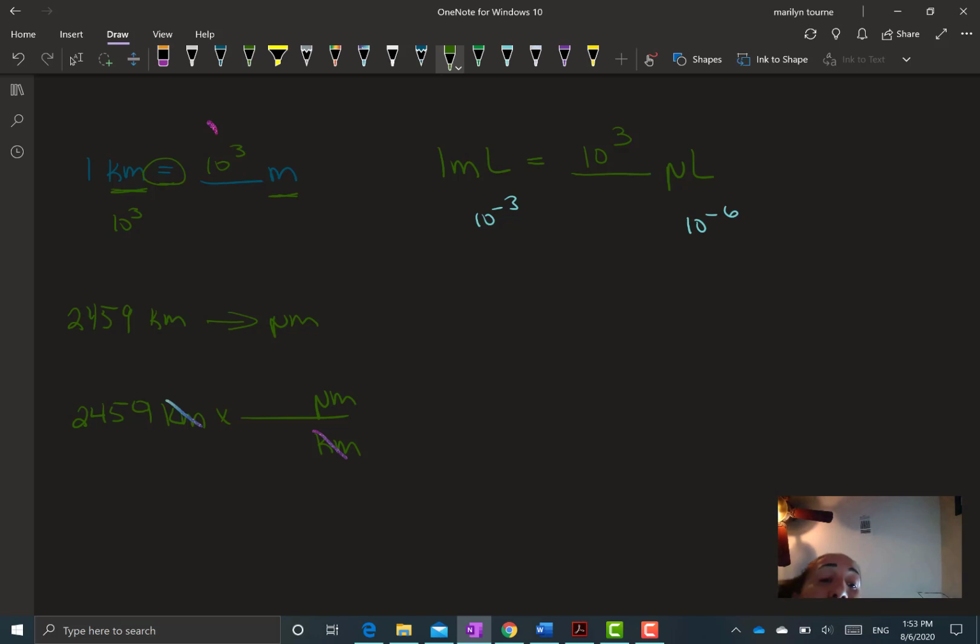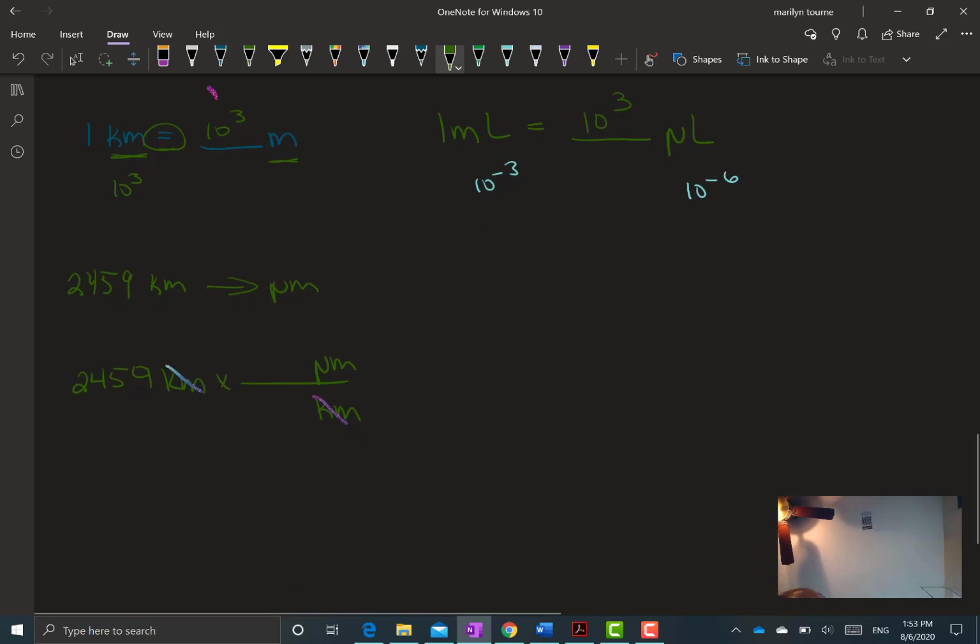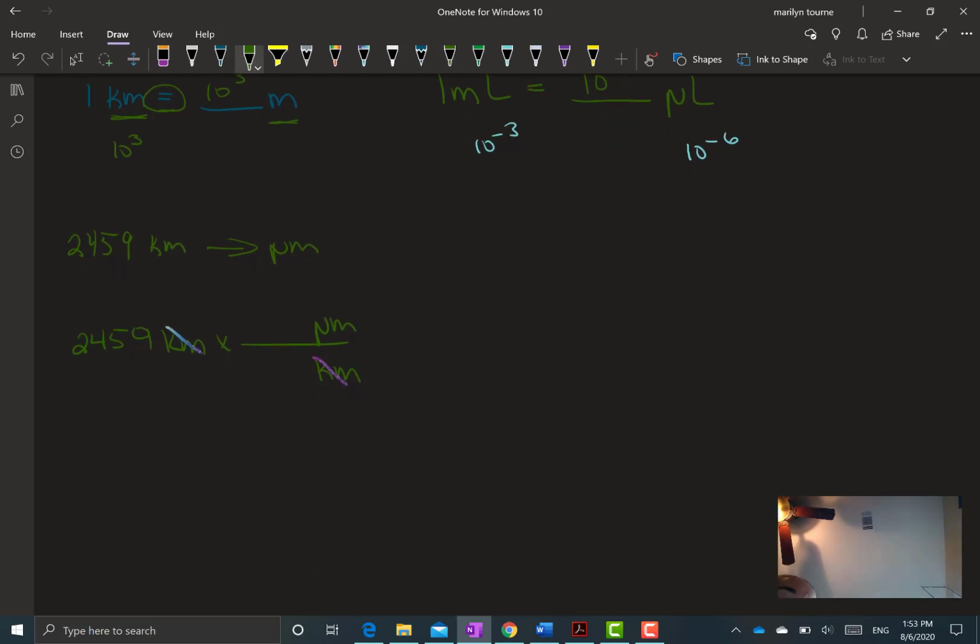But then the question becomes, what is the relationship between a micrometer and a kilometer? I would like for you to quickly make that number line in your head. You need to know right off the bat that a micrometer is 10 to the negative 6. So that's 1, 2, 3, 4, 5, 6. A kilometer is 10 to the third.